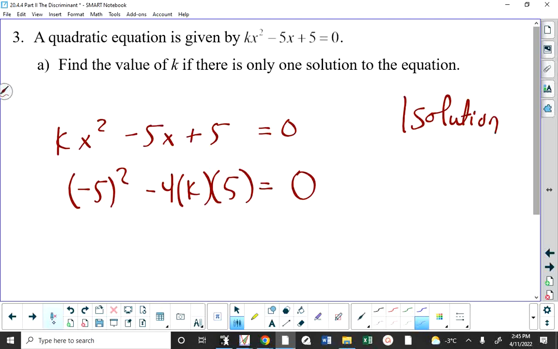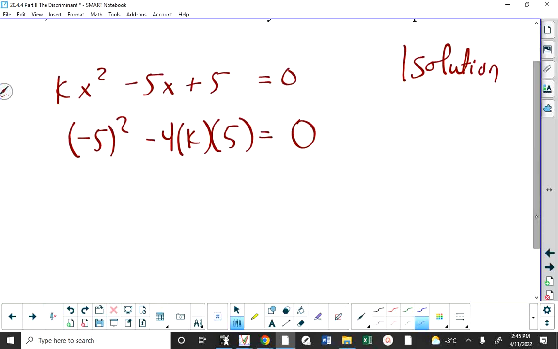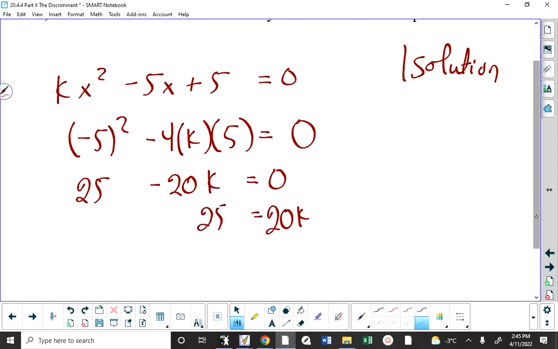You can solve this. You better be able to solve this. Simplify it first and get 25 minus 20k equals 0. Move the 20k over and divide by 20.